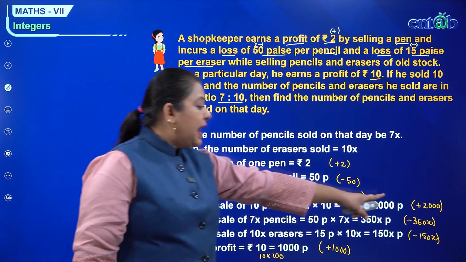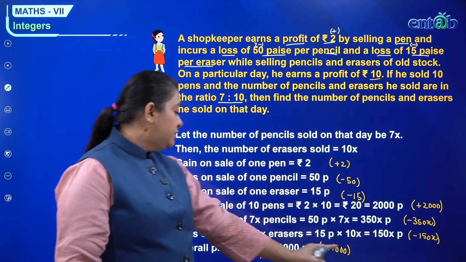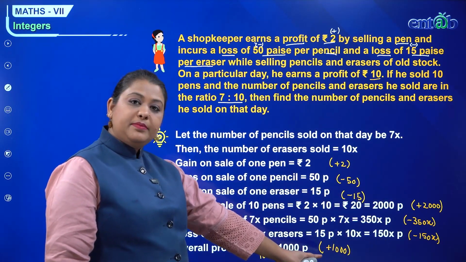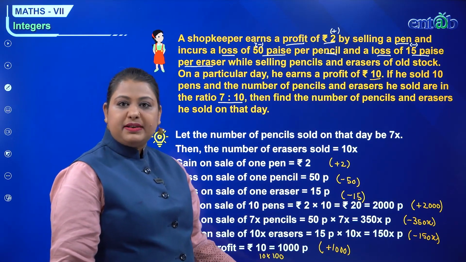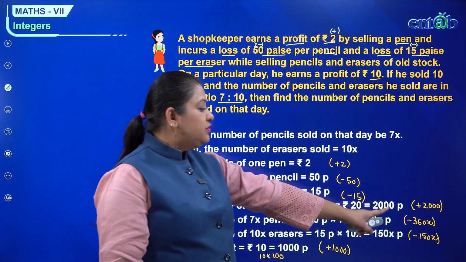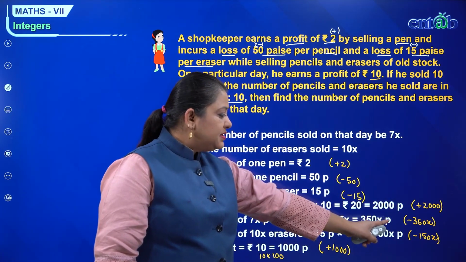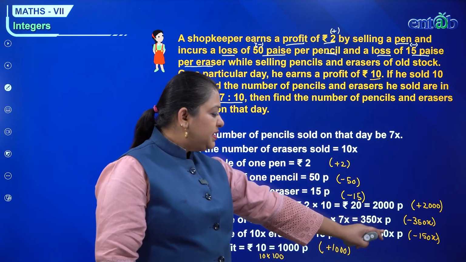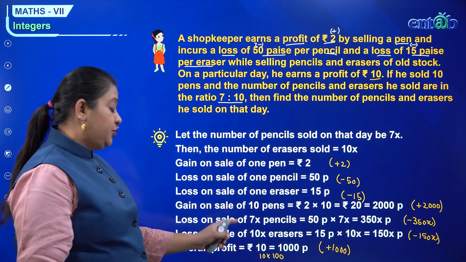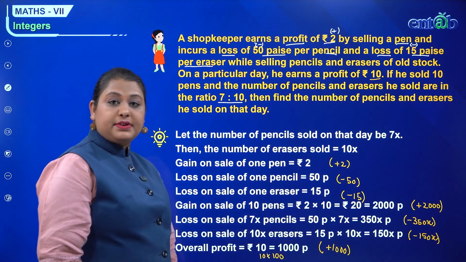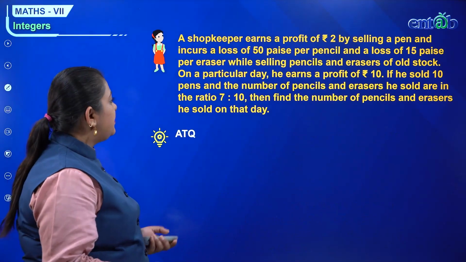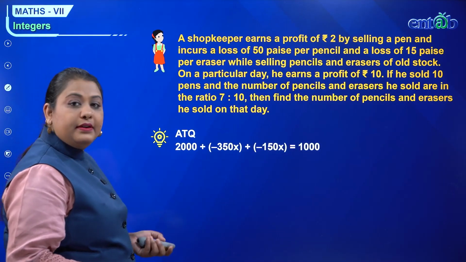So, if I add these 3 values, would I get this value? Because that is the overall profit he made that day, right. So, according to the question, what should I have? 2000 plus minus 350x plus minus 150x should be equal to 1000, right. That is what the equation should say, correct.